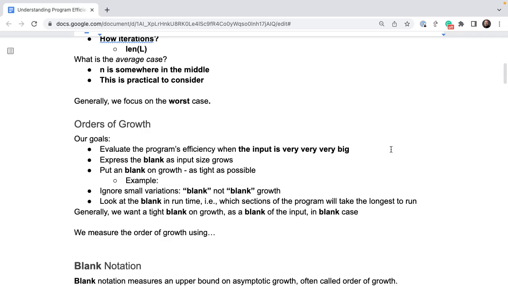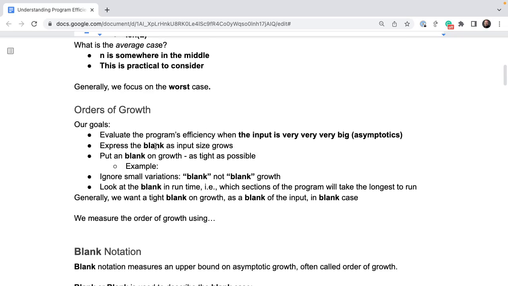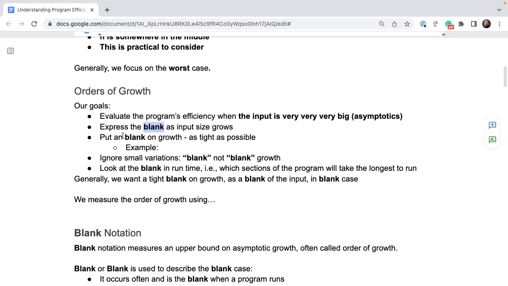We're considering extremely large lists. This, of course, is related to asymptotes or asymptotics, which you will remember from calculus. You're concerned about the large case, and we'll look at how we can describe that with different functions.